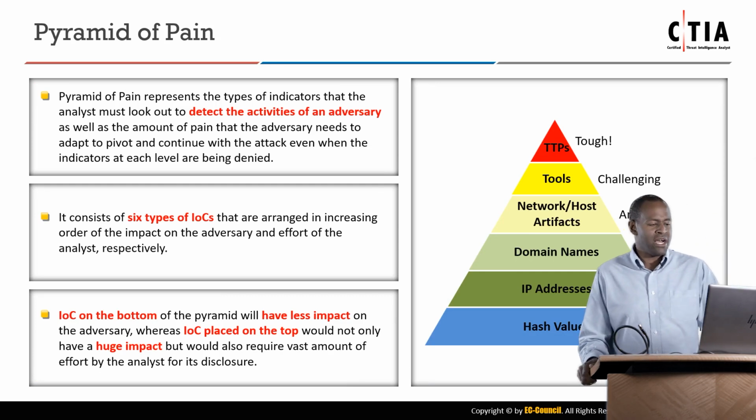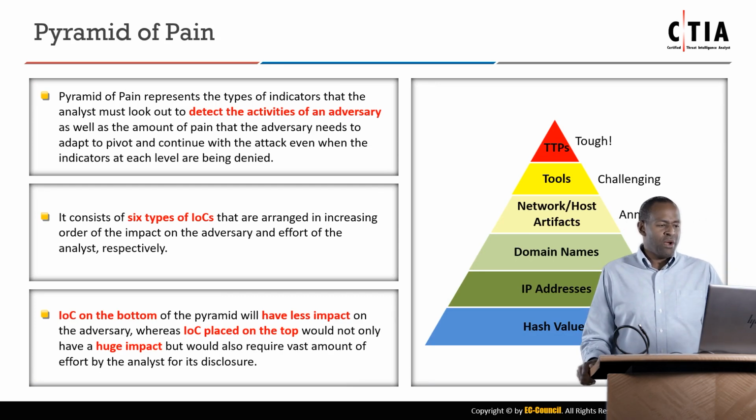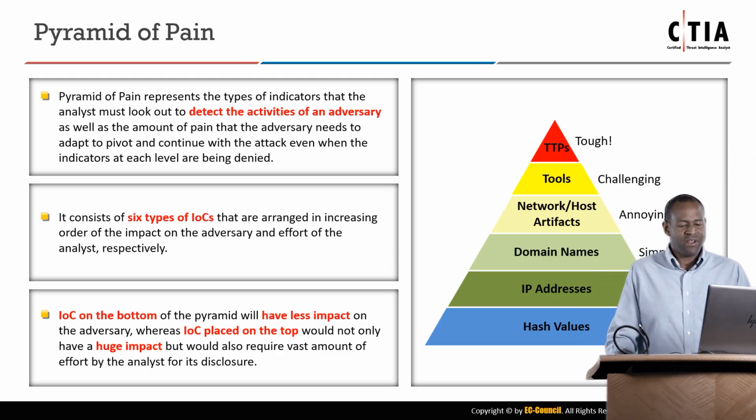And they bring us now to the pyramid of pain. What the pyramid of pain represents is the type of indicators that the analyst needs to look out for to detect activity of an adversary.